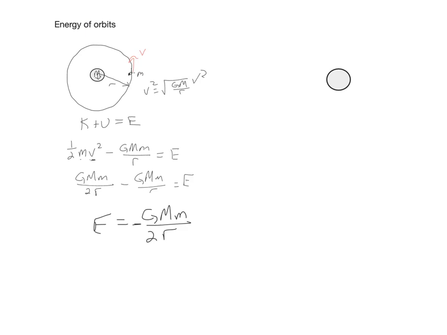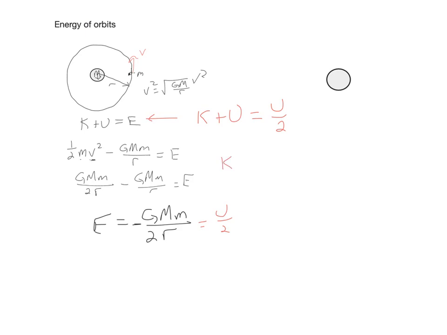If we go back and look at this equation, we now have that the kinetic plus the potential is going to equal the original potential over 2.